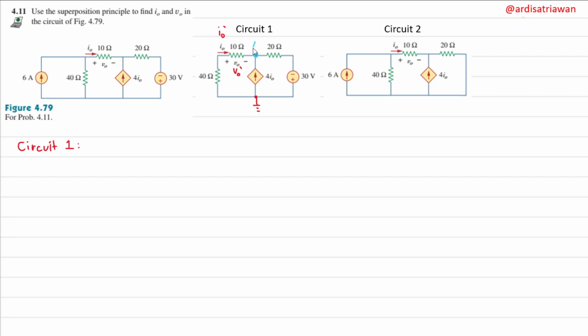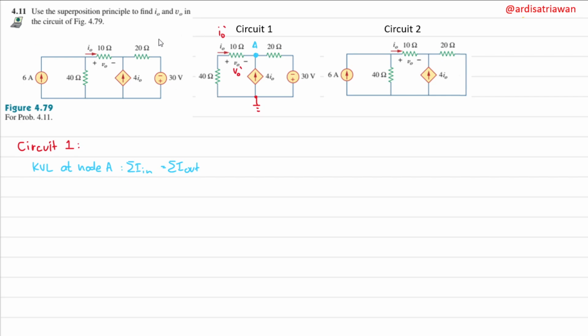Let's name this node A. KCL says that the sum of the currents that go in is equal to the sum of the currents that go out. Should be obvious.